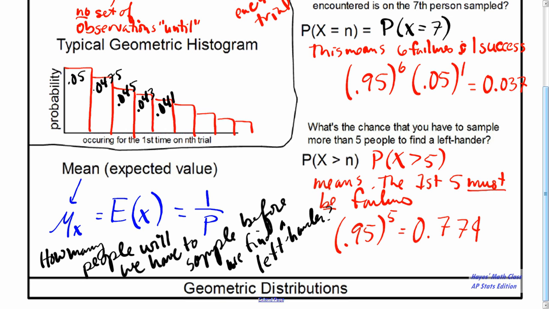So in this case, wow, I hope you guys can write smaller than I can. We'd go 1 divided by 0.05 and get 20. So we'd expect it'd take about 20 people to find a left-hander.